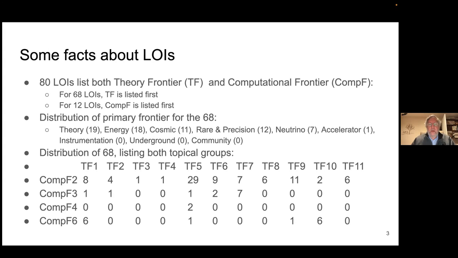That is machine learning, but there's strong overlap with TF7 in particular. And CompF4 is the one where I'd like to encourage people to get involved. I'll talk a little bit more about that later when I go to these particular frontiers. And then CompF6 is our quantum computing.